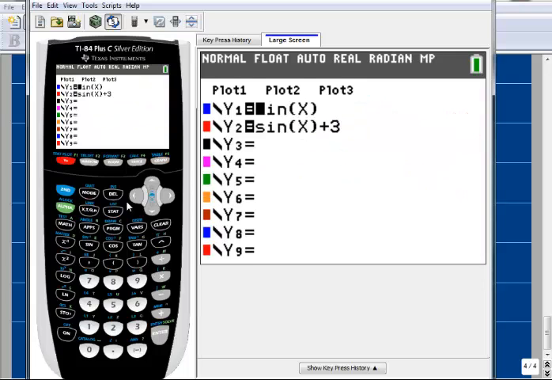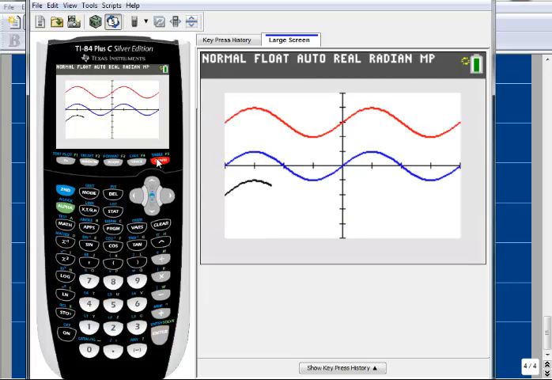If I graph y equals sine x minus 2, I will see a graph in black that is shifted down 2. So if I add a constant to the end of the function, that is a vertical shift, upwards if my constant is positive, downwards if I'm subtracting or adding a negative value.